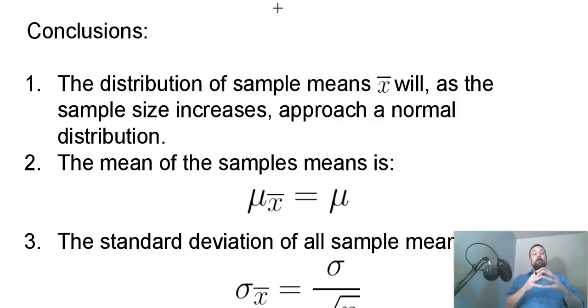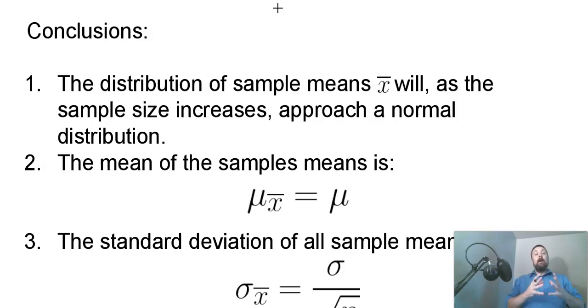The distribution of those sample means of samples of size n will, as the sample size increases, approach a normal distribution. So the bigger the sample size you have, the more the sample means will resemble a normal distribution.